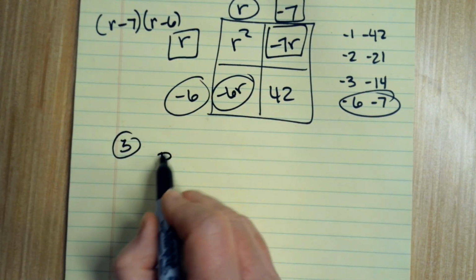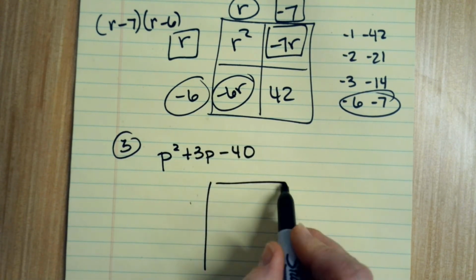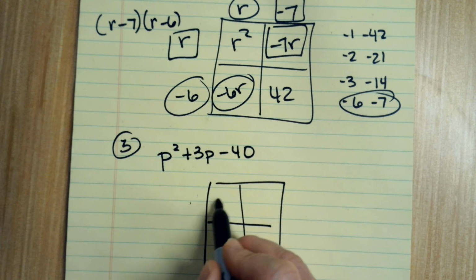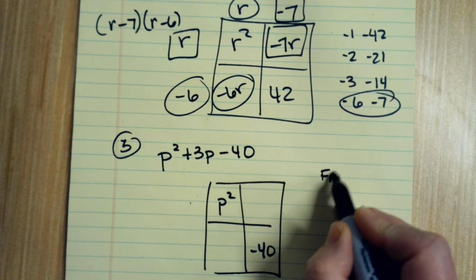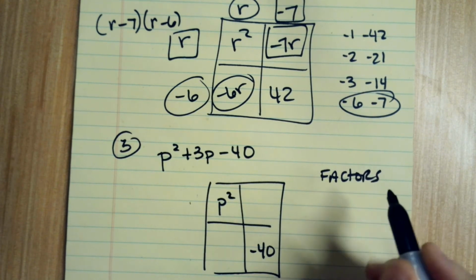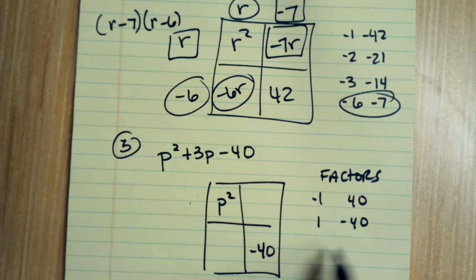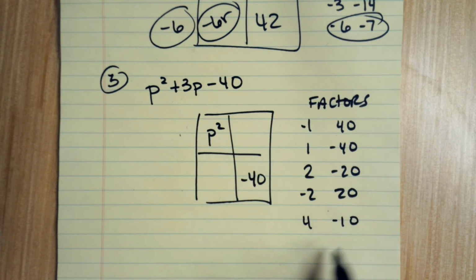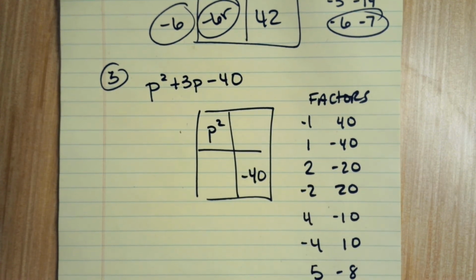Number 3. I need the factors of negative 40. And that would be negative 1 and 40, or 1 and negative 40. 2 and negative 20, or negative 2 and 20. 4 and negative 10, negative 4 and 10. 5 and negative 8, or negative 5 and 8.